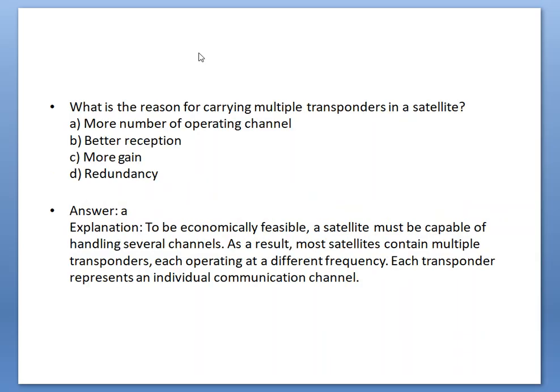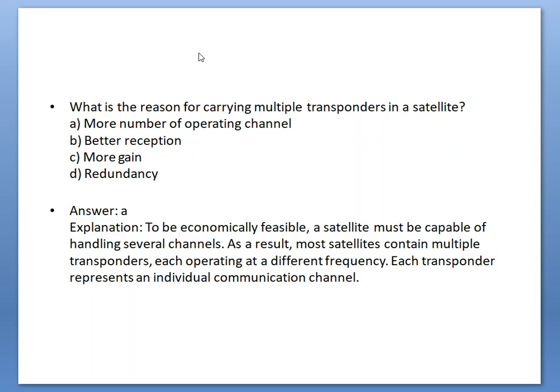And coming to the next bit, we have to discuss the reason for carrying multiple transponders in a satellite. We have to fix one or more transponders in the satellite. The reason is: A, more number of operating channels, B, better reception, C, more gain, D, redundancy. The answer is A. To be economically feasible, the satellite must be capable of handling several channels. As a result, most satellites contain multiple transponders, each operating at a different frequency.